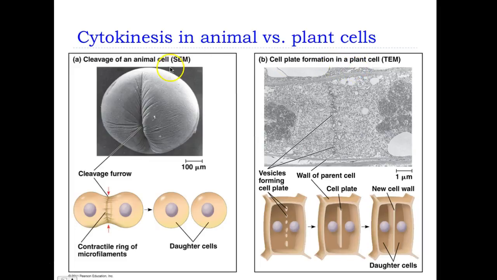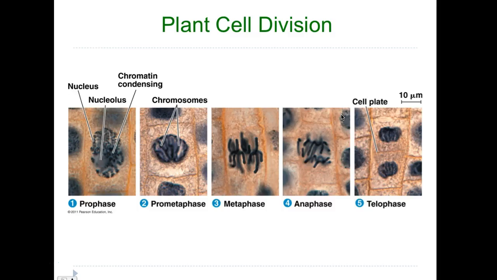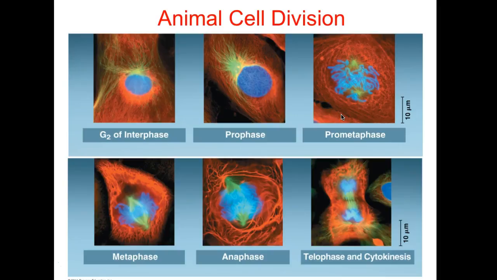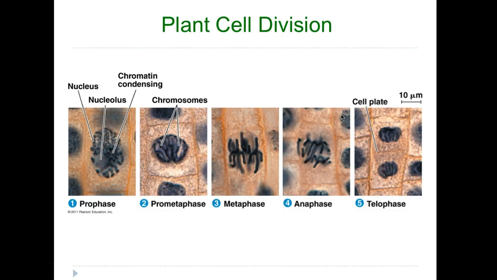Look at the difference here. Here we have an external view of the cell, which was taken with a scanning electron microscope. Because this is an internal view of the cell, we use the transmission electron microscope to gain that evidence. Here you can see animal cell division with fluorescence, and then here we could see plant cell division.